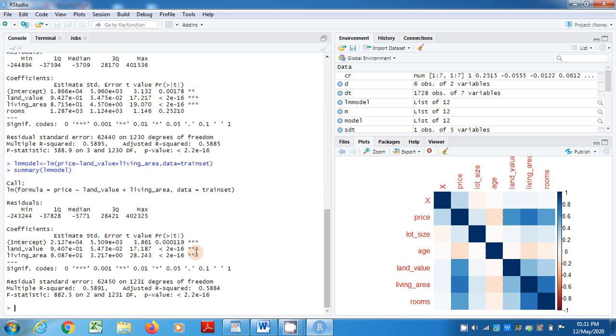You can see here F statistics 588.9 when there is participation of the rooms variable. Here you can see 882.5 after removing the rooms variable from the formula. So always a higher F statistics value is better, and the p value must be less than 0.05.